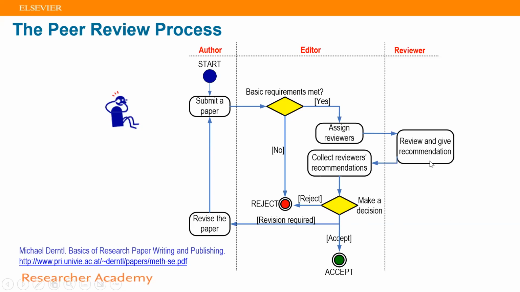The third option from the reviewers can be revise and resubmit. The meaning of revise and resubmit is that you need to do some revision of the entire article. So you need to do some extra work. You need to make some adjustment of the flow, maybe, of the information. So you need to revise the entire article to be like a new one.